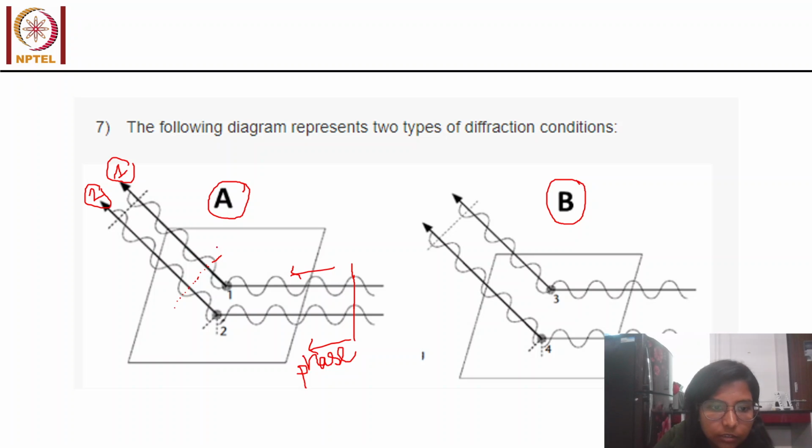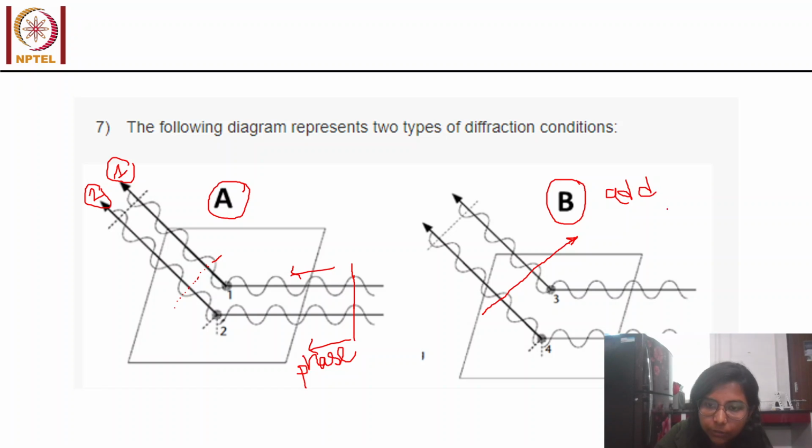This means these two waves are not in phase, right? This is kind of destructive interference. However, in B, up to here it was in phase, and here they seem to be in phase, at least more in phase than this one, right? So here it is in phase, hence this gives rise to what is known as constructive interference. So the intensity of the two waves in case of B will add up.